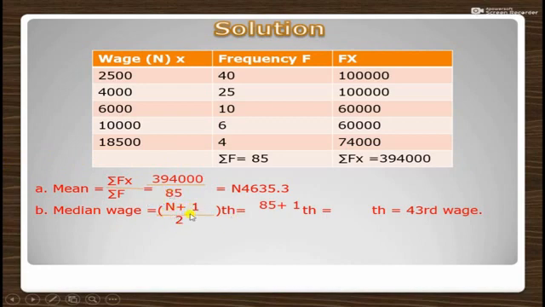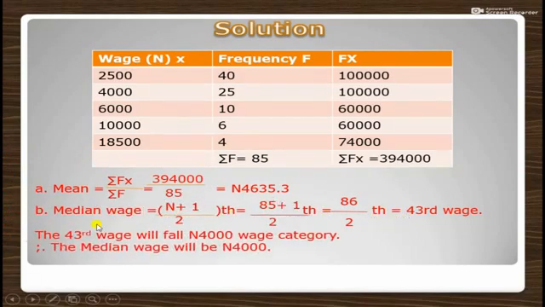And n is equal to 85. 85 plus 1 gives us 86. 86 divided by 2 will give us 43. That means the median is going to fall on the 43rd wage. And then the 43rd wage will fall on the 4,000 wage category. Therefore, the median wage for this distribution is 4,000 naira.